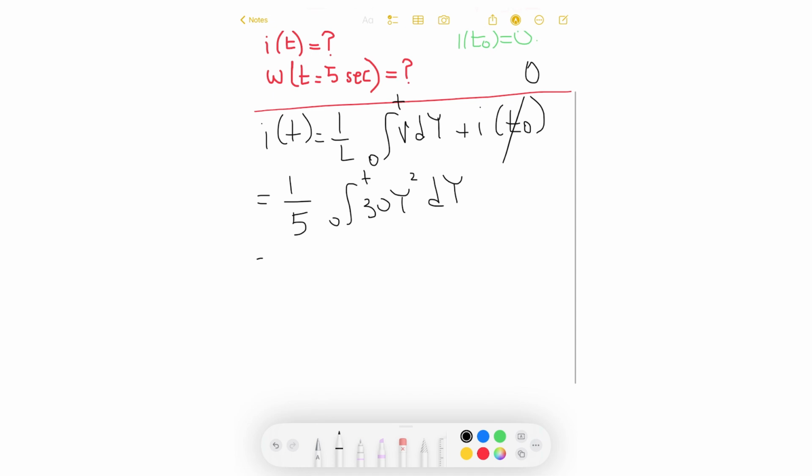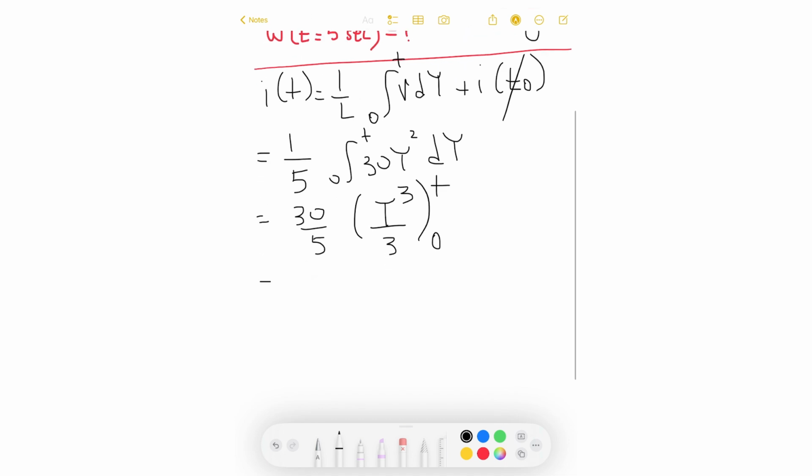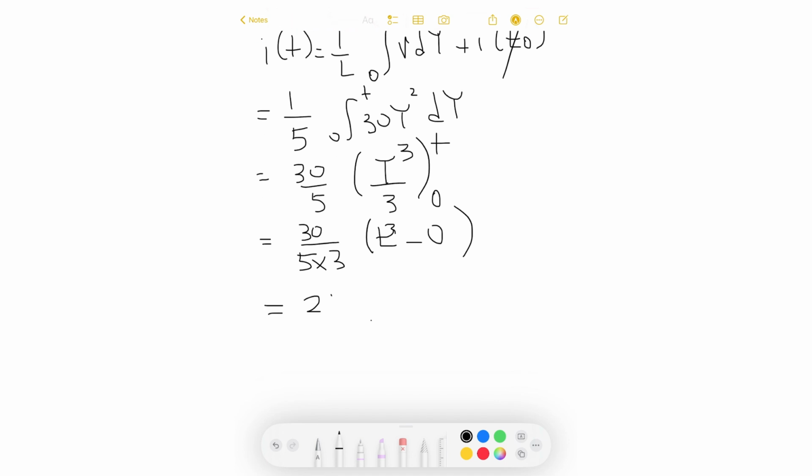If we take the 30 outside, we'll have 30/5, and if we solve this integral, we'll get τ cubed/3 from 0 up till t. If we take the 3 outside, it's a constant, and if we substitute for t, we'll get t cubed minus 0 for 0. So the answer will be 2t cubed amps, the unit of current.